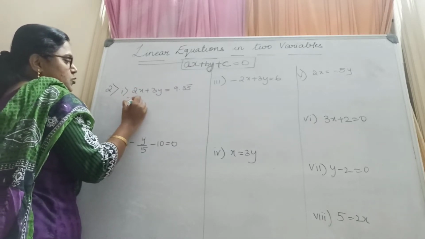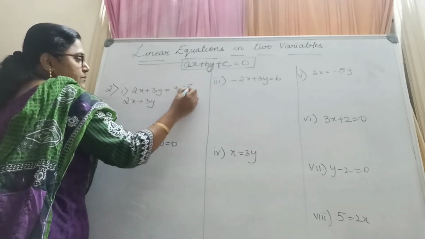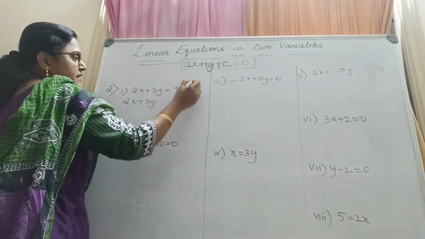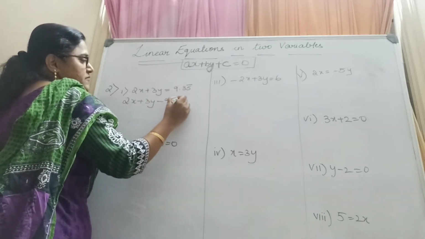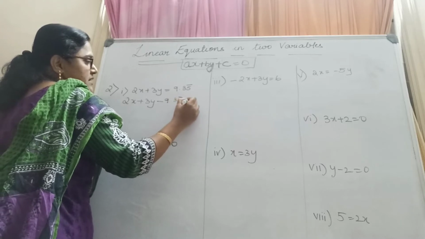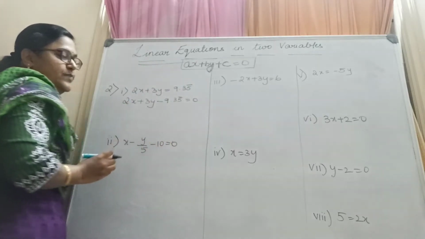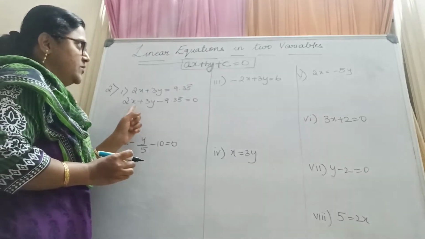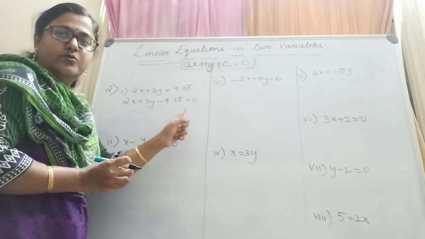So this is 2x plus 3y. Bring this 9.35 onto the left hand side. So minus 9.35 is equal to 0. I am bringing everything to the left hand side, so the right hand side should be 0. So this is the linear equation in the form of ax plus by plus c is equal to 0.